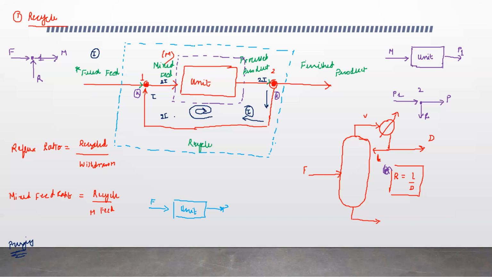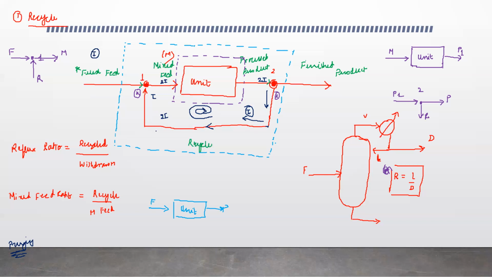So in order to avoid the accumulation of inerts within the process, in order to stop the inerts from getting trapped within the process, we use the operation called purging. All right, so purging is basically, from the recycle stream, this is the recycle stream, right?